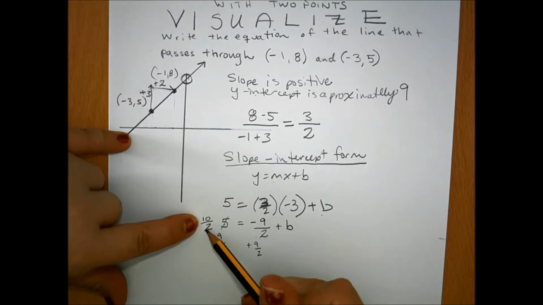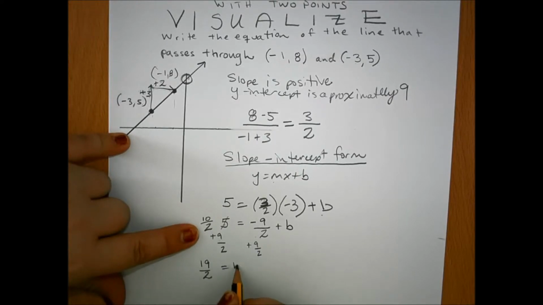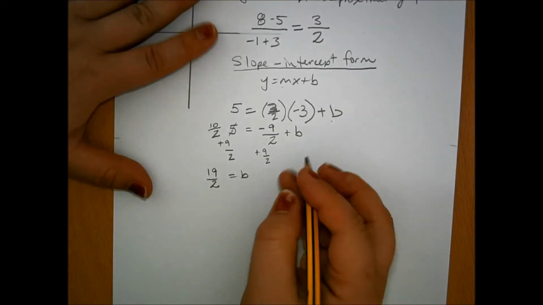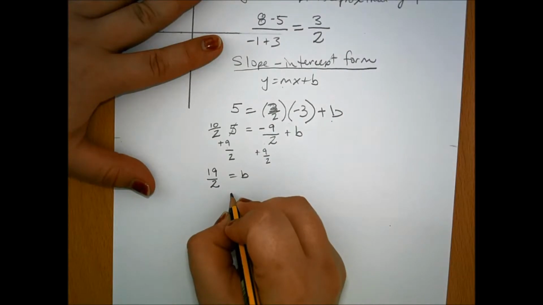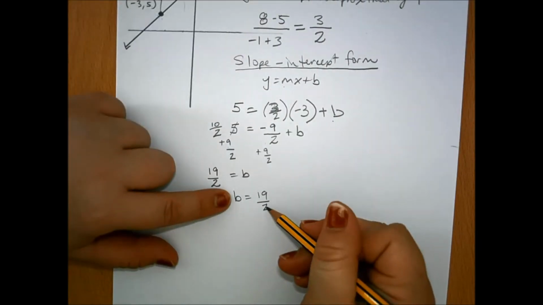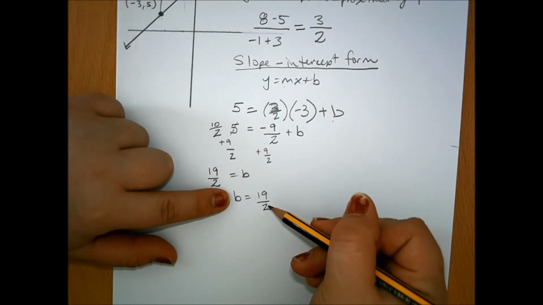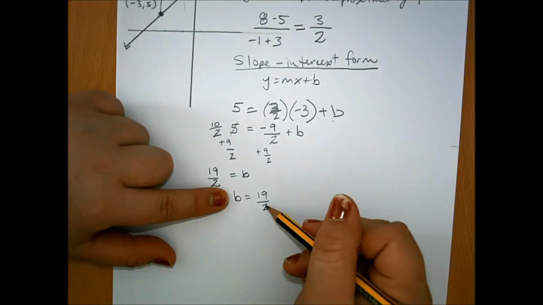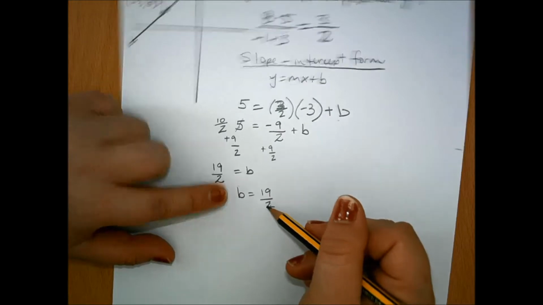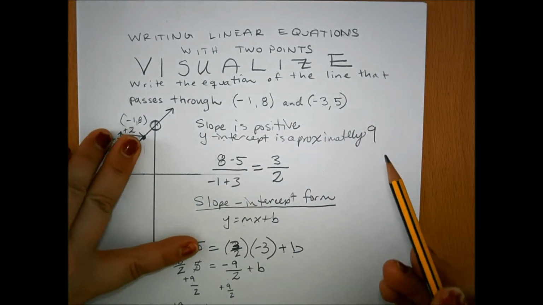So 10/2 plus 9/2 is equal to 19/2, which is equal to b. So our y-intercept is 19/2. 19/2 is 9 and 1/2. So we are really close to our original approximation, which was 9.